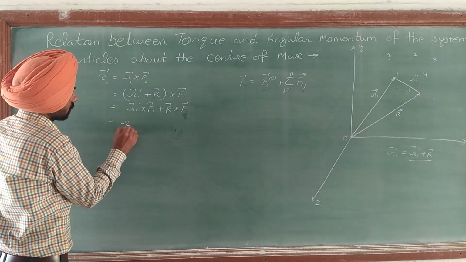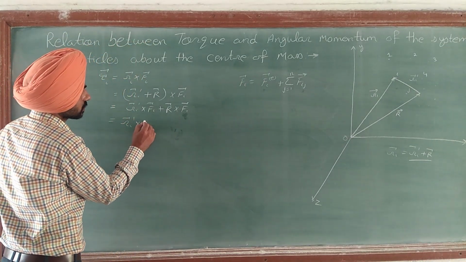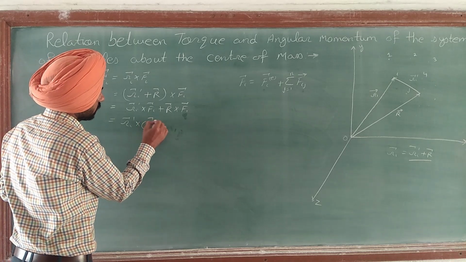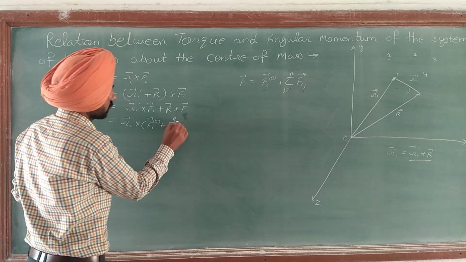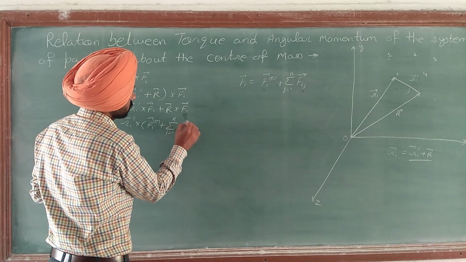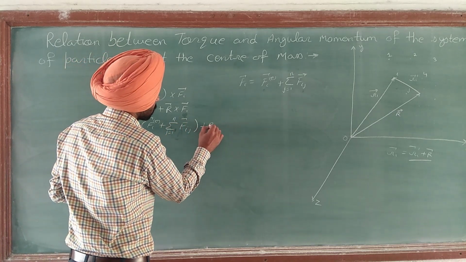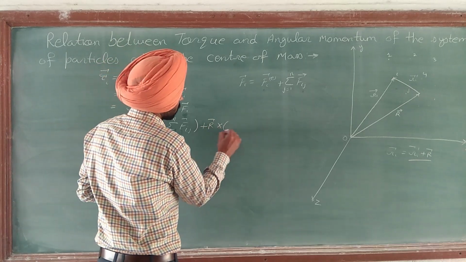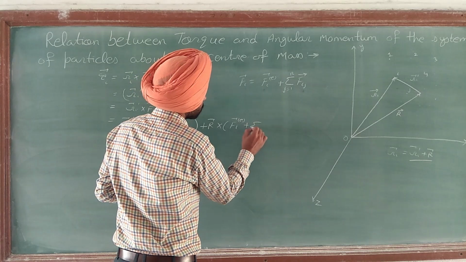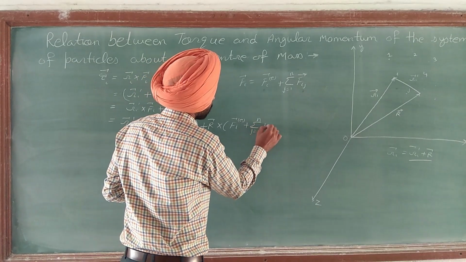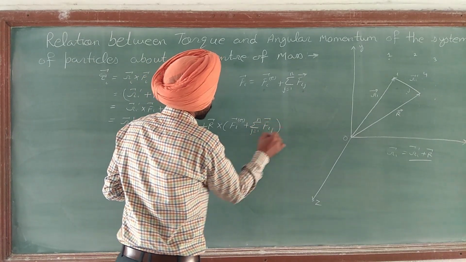So it is ri prime cross Fi external plus summation j equal to 1 to n Fij, plus R cross Fi external plus summation j equal to 1 to n Fij.